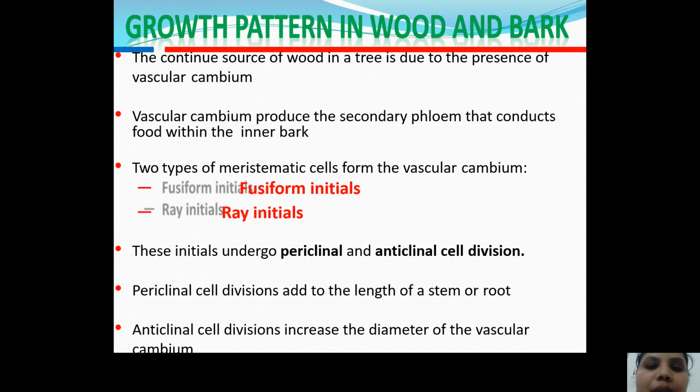Two types of meristematic cells from the vascular cambium are formed. Those are the fusiform initials and ray initials. Now, these initials undergo periclinal and anticlinal divisions, because of which the secondary tissues are formed.